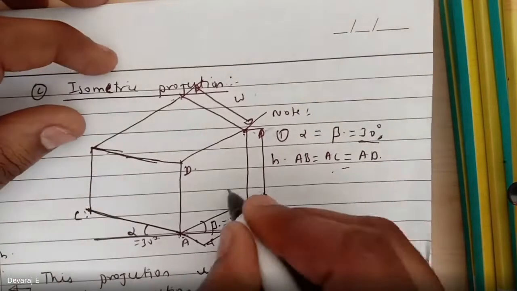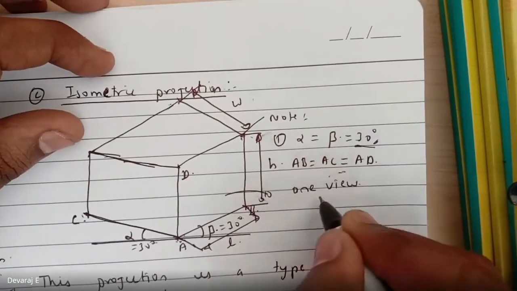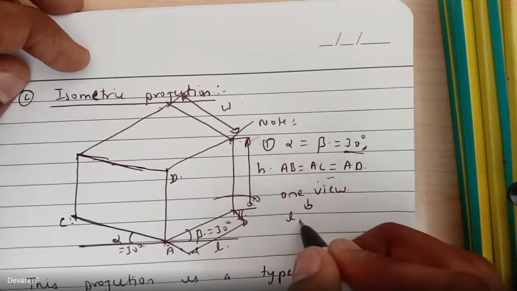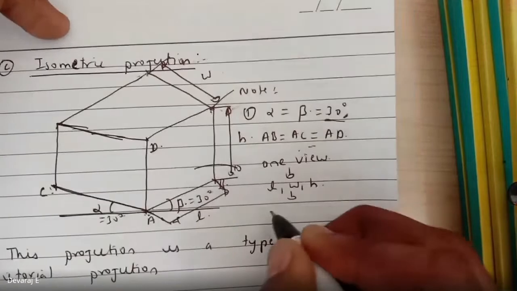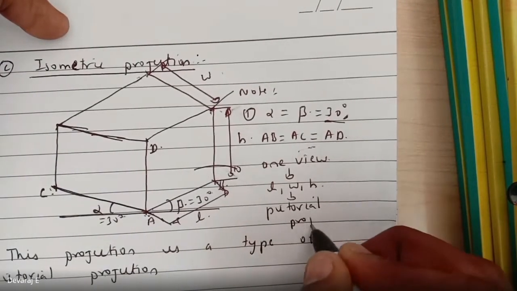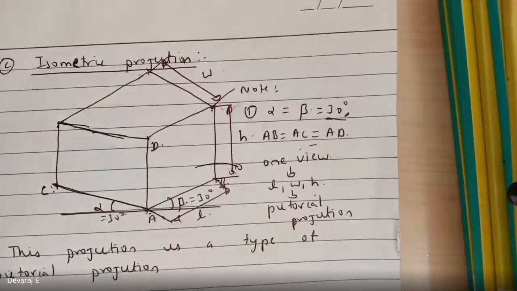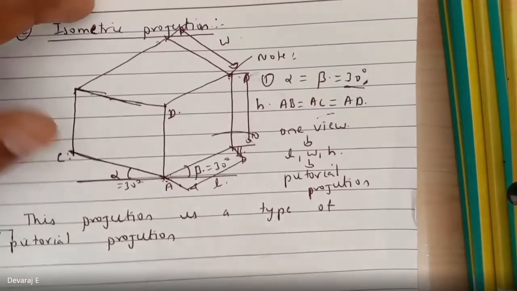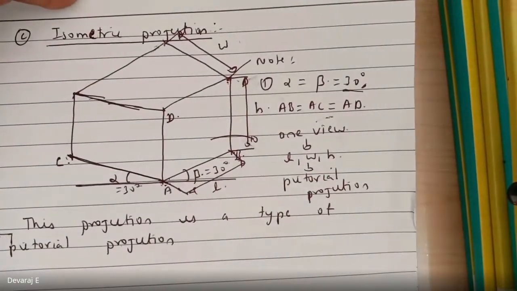In one view we can see all the length, width and height. So it is called as pictorial projection. So everyone is clear? Yes, sir. So in one view you should see all the 3 dimensions, and that is called as pictorial projection.